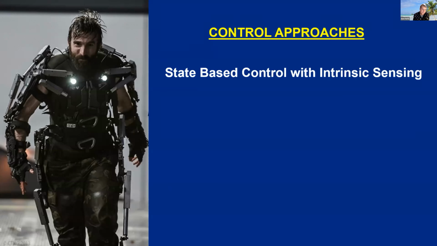What this basically means is they put either kinematic or kinetic sensors on the exoskeleton to either measure forces between the human and the exoskeleton, or they measure accelerations or velocities or positions of either the human limbs or the exoskeleton. They take that information and try to calculate what the human intent is and then move along with it.